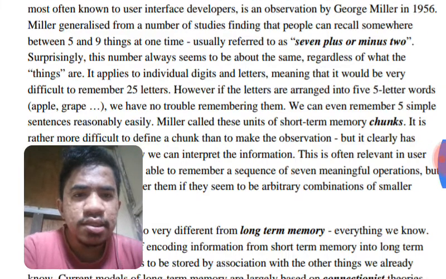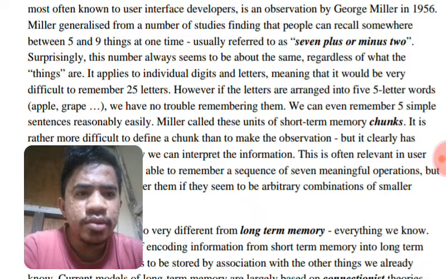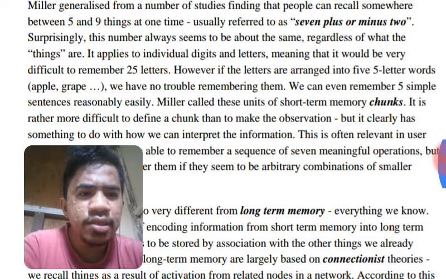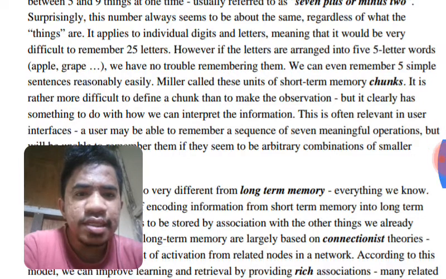Surprisingly, this number always seems to be about the same, regardless of what the things are. It applies to individual digits and letters, meaning that it would be very difficult to remember 25 letters. However, if the letters are arranged into five-letter words, apple, grape, we have no trouble remembering them. We can even remember 5 simple sentences reasonably easily.